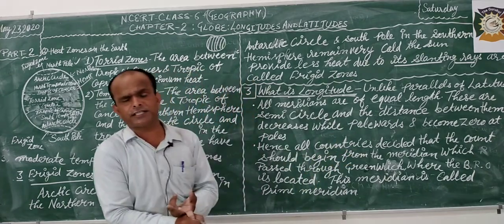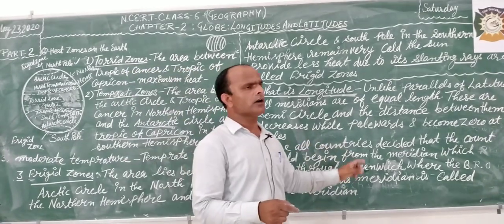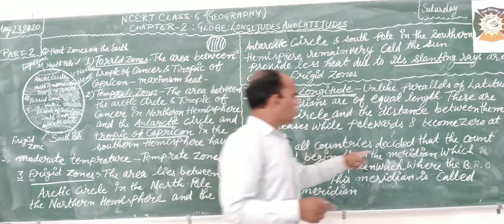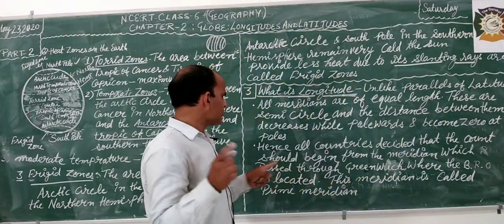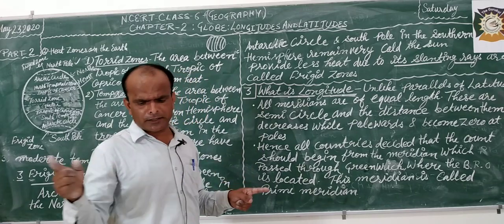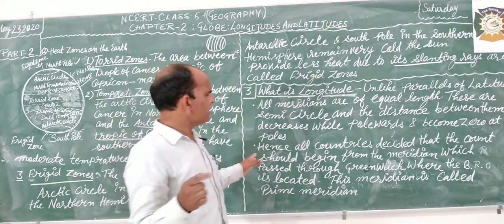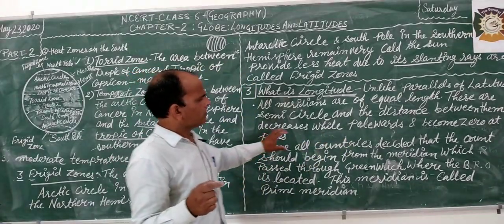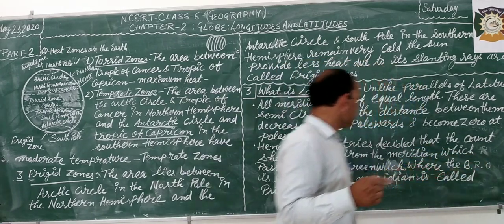The meridian which passes through Greenwich will be the counting point, where the British observatory has been located, where all the calculation for longitude has been done.